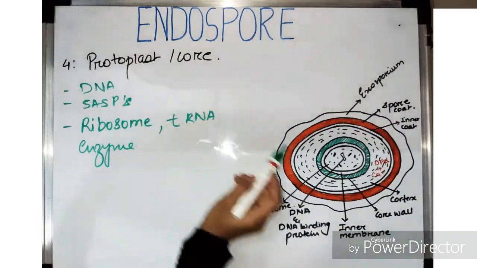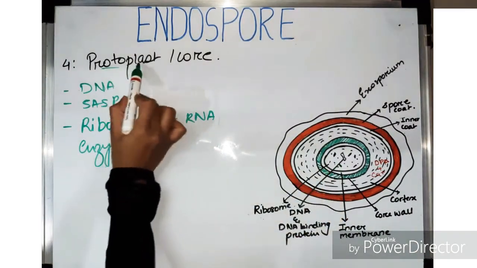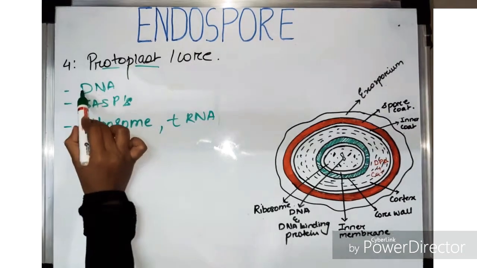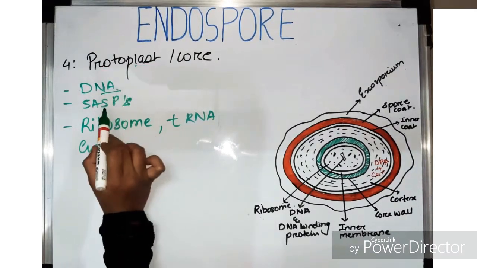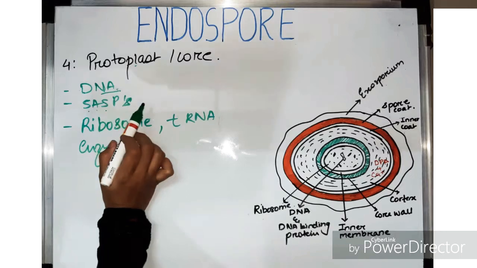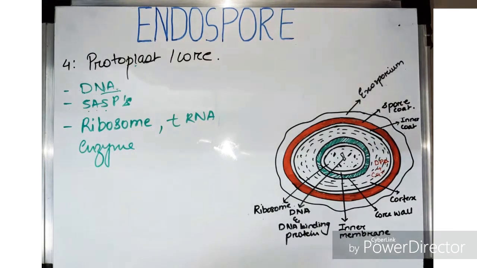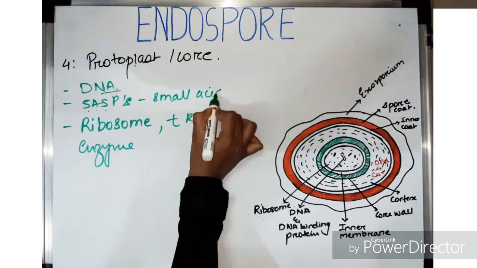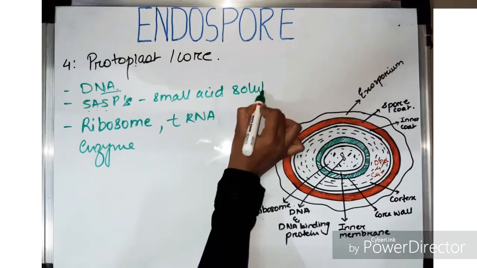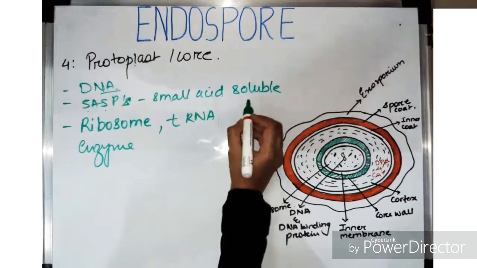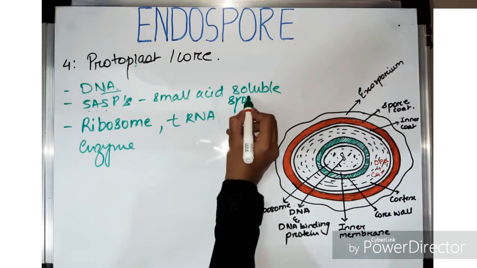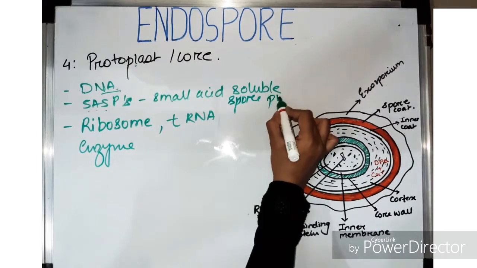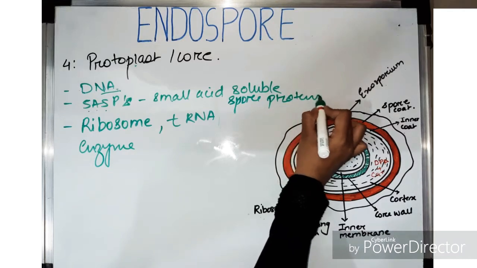The fourth one is the core. It is also known as the protoplast. So the protoplast consists of DNA and SASPs, which are small acid soluble spore proteins.